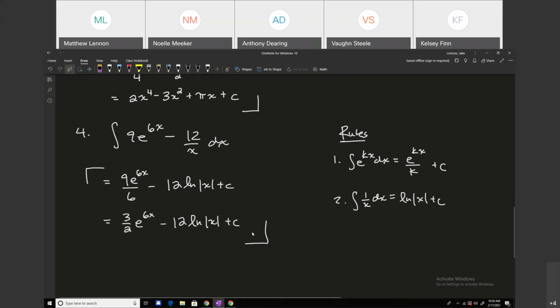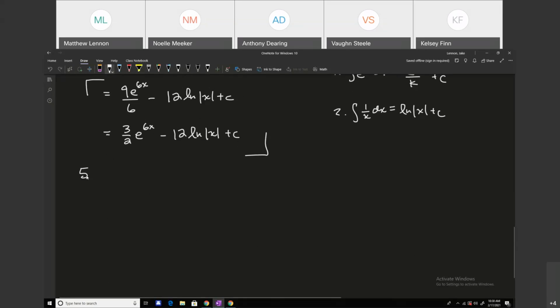Okay, so any questions so far? Okay, so the next two are word problems from the net change and the average value sections. I'm going to do essentially the same problems. I'm just going to adjust the numbers. So we're dealing with different functions.